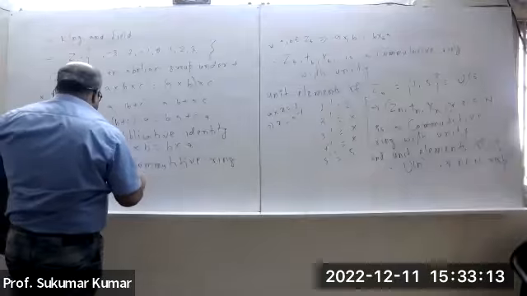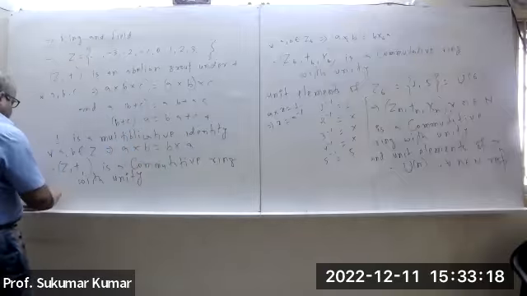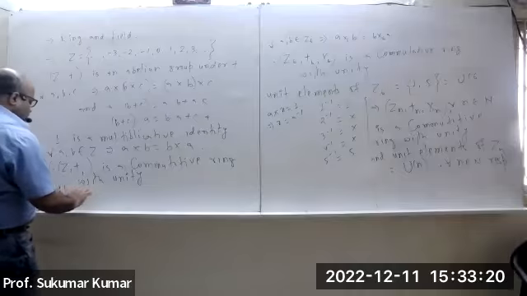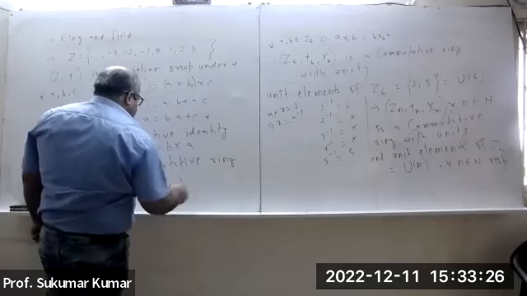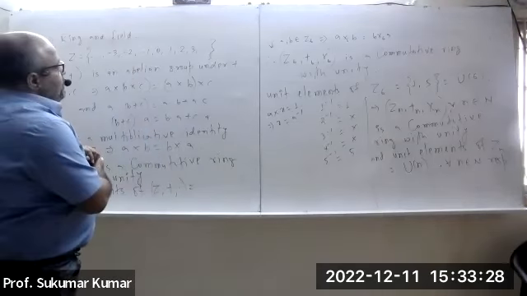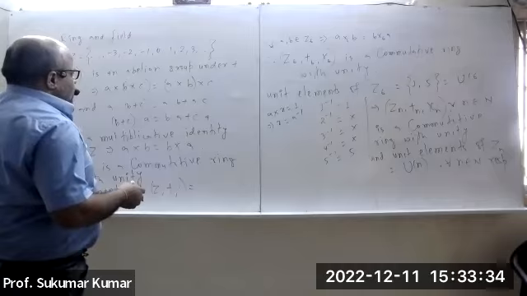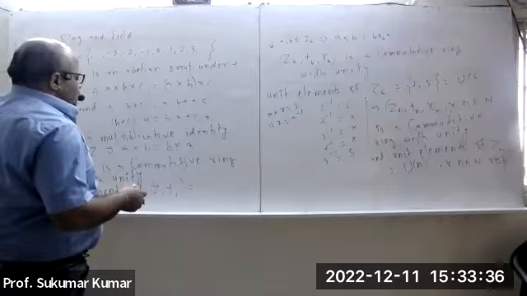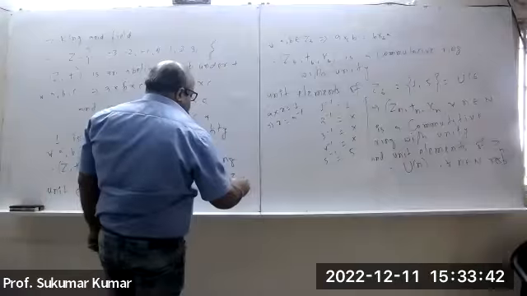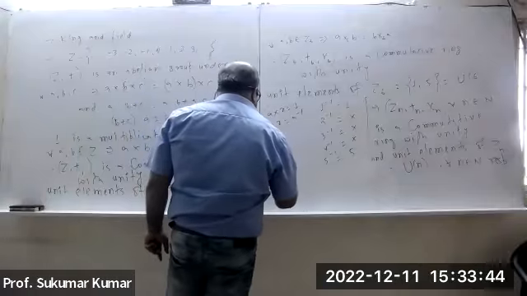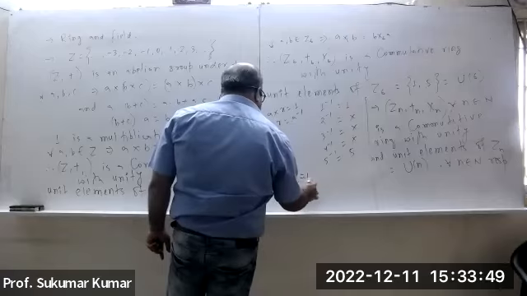Unit elements are those that have a multiplicative inverse, and it must be non-zero. One is a unit, since 1 into 1 is 1, and minus 1 also, since minus 1 into minus 1 is 1. There is nothing else, only 1 and minus 1, because the inverse of 1 is 1 and the inverse of minus 1 is minus 1.